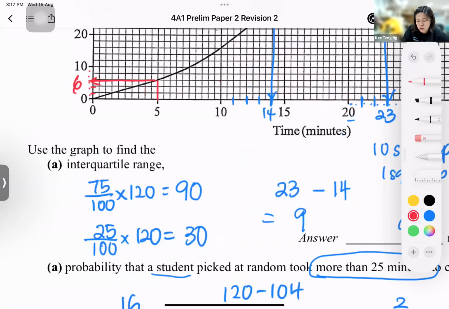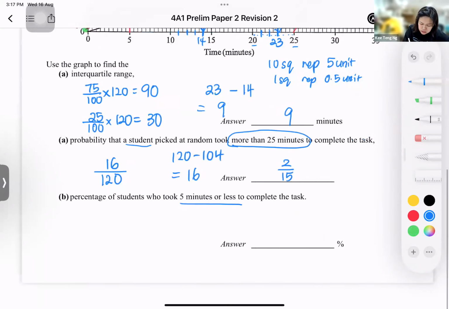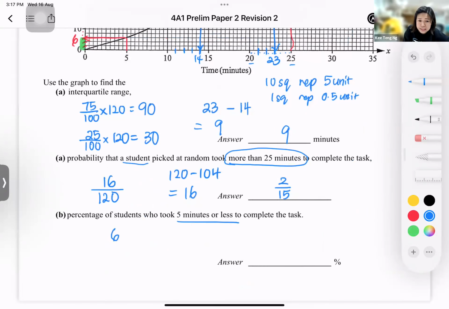They want students who took less than, which means the ones below, so the answer is 6 students. But they want a percentage, so I need to times 100. 6 out of the total of 120 students: 6 divided by 120 times 100% gives you 5%. Answer.